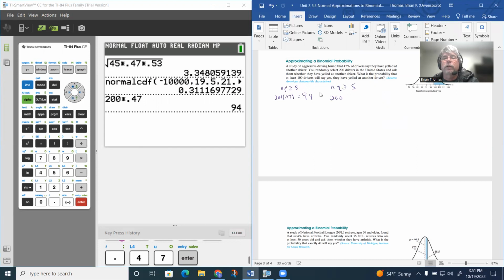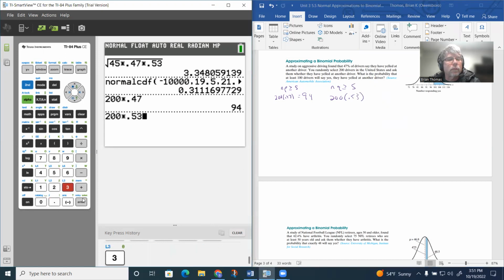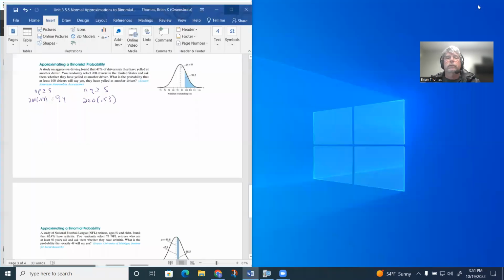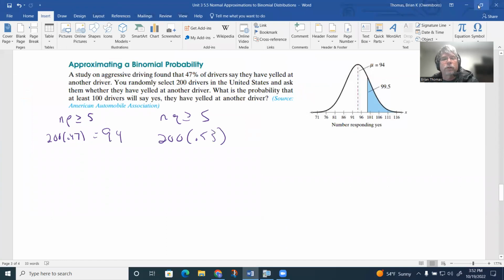So 200 times 0.53 is going to be 106. So both of those are clearly greater than or equal to 5. And yeah, 94 plus 106 makes 200.